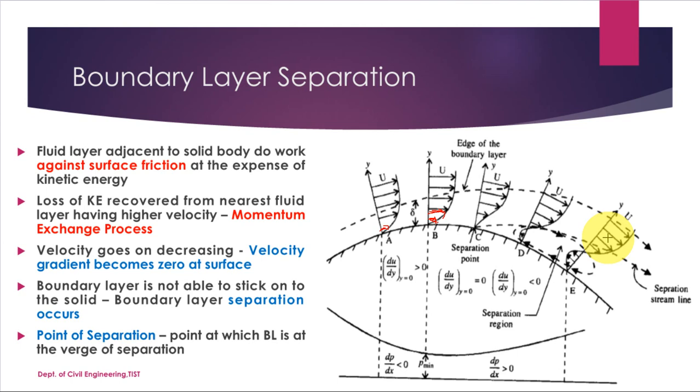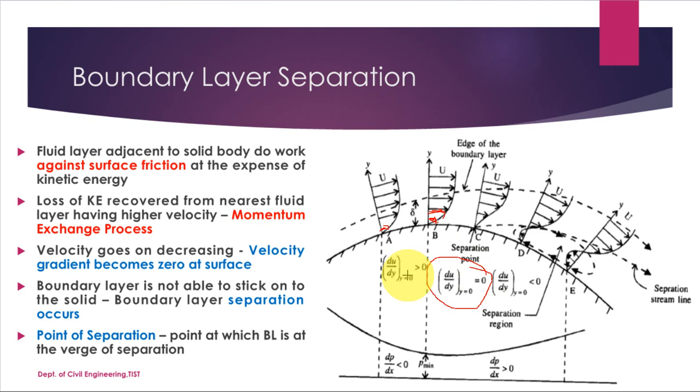Then the velocities of the adjacent layers become the same, and the velocity gradient will be equal to 0 at this point. See here, du by dy at y equal to 0 becomes 0. There is no difference in velocity between the layers.